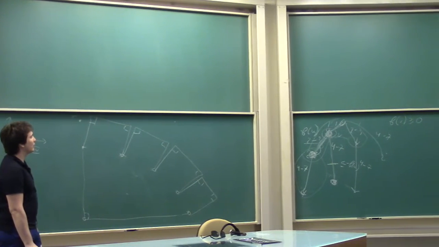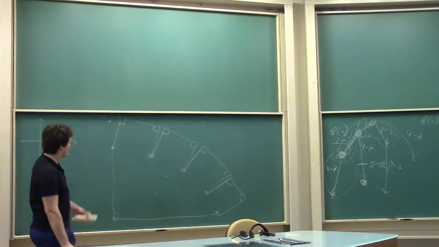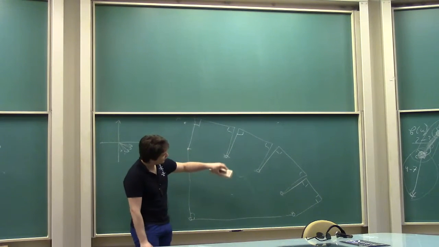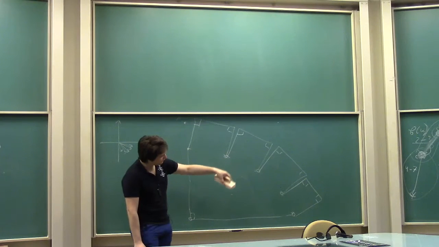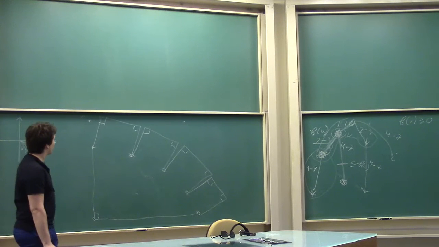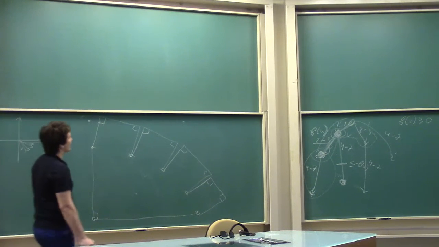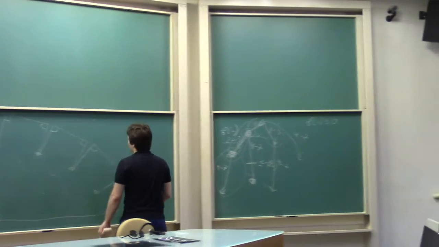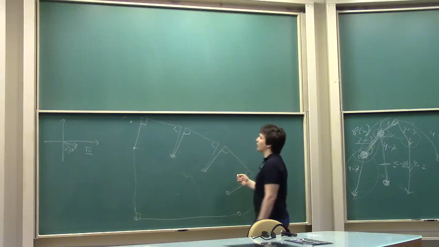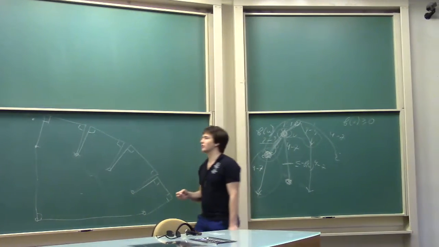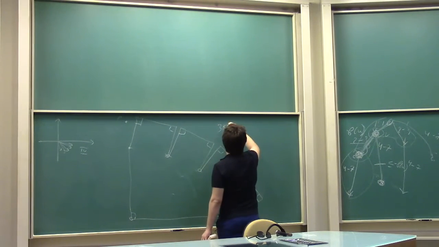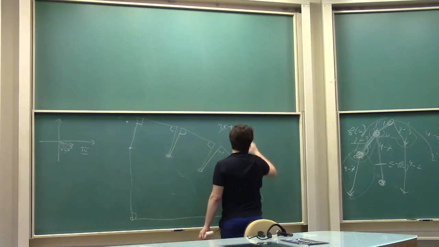And so what's the number of nodes here? 1, 2, 3, 4, 5, 6, 7, 8, 9, 10, 11, 12, 13, 14. 14 nodes. So, of course, if I add one new vector, it will add 3 new nodes, 3 new vertices. That is 3k plus 2.